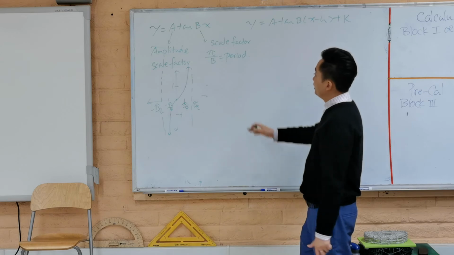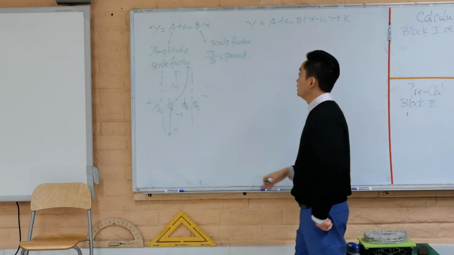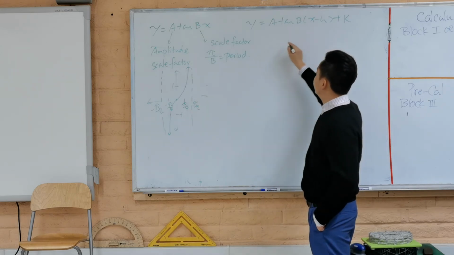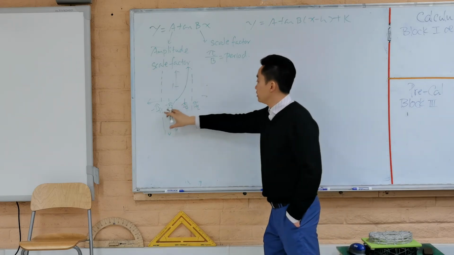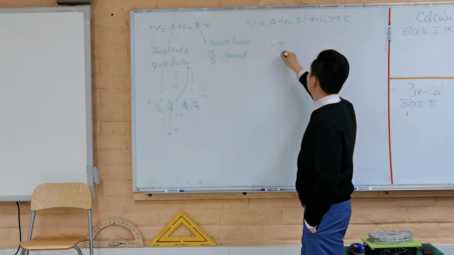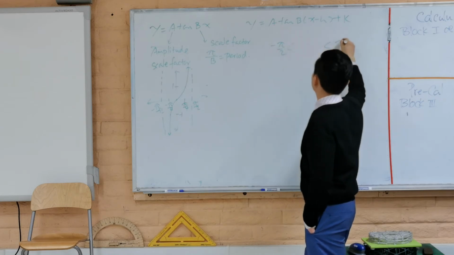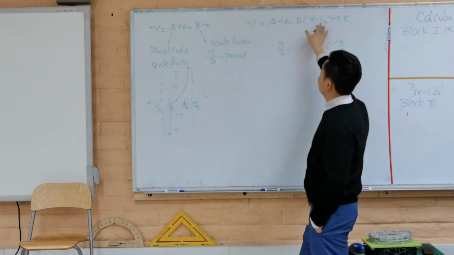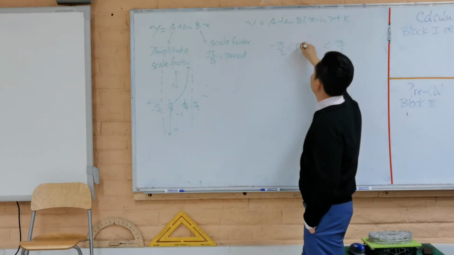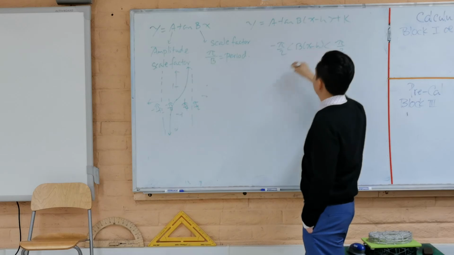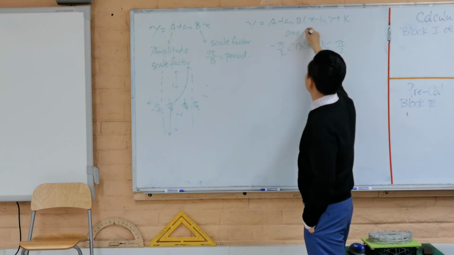For those wondering how to do the one cycle test for tangent, it goes all the way back to the parent graph. As you can see, the boundary is from negative pi over 2 to pi over 2. Whatever expression you have after tangent, without k, is what you put in for the one cycle test.